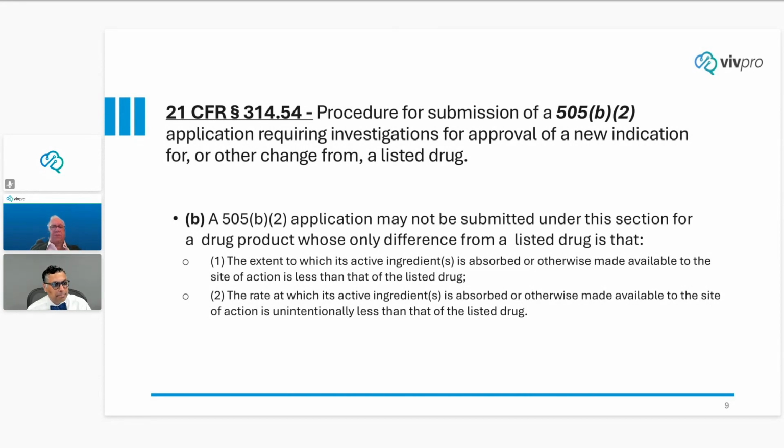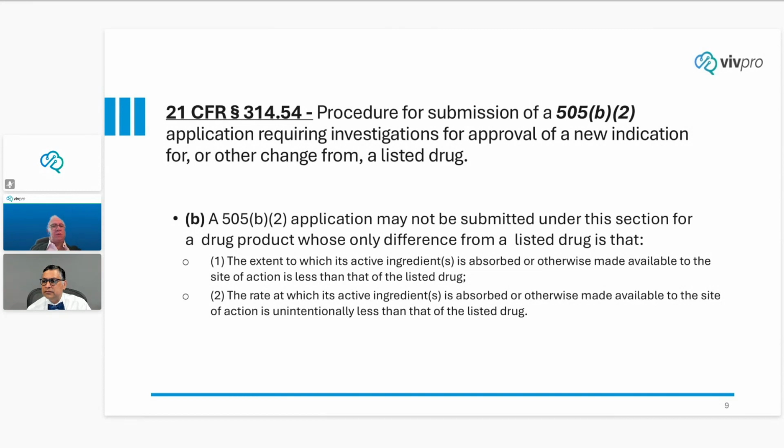Yes. A lot of times you also can get an AB rating. Let's say the reference uses one salt and the test uses a different salt. Then you have to go through the NDA process to get that new salt approved.